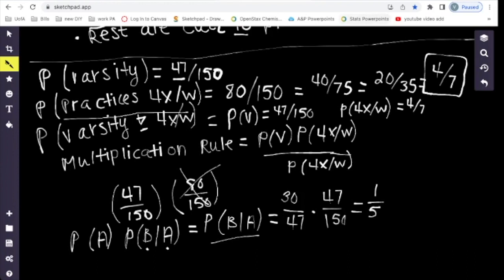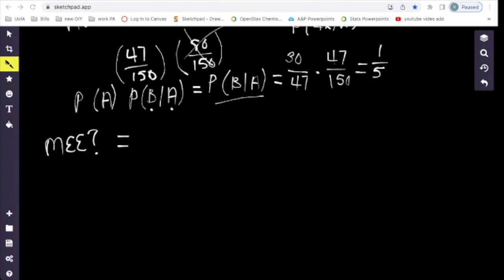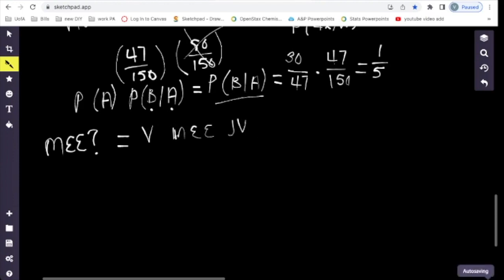All right, let's finally describe these as mutually exclusive and independent events. Okay, to see if they're mutually exclusive events, we have to think about all of the possibilities. Is being on varsity a mutually exclusive event compared to being on JV? Can you be on JV and varsity at the same time? Well, maybe that's true, but in this case, no, right?